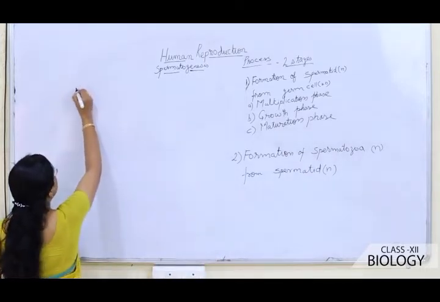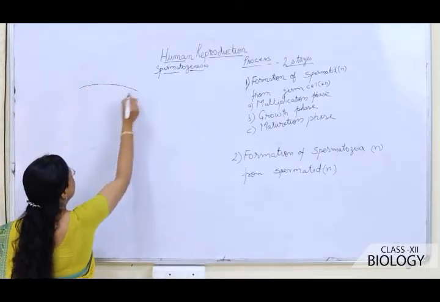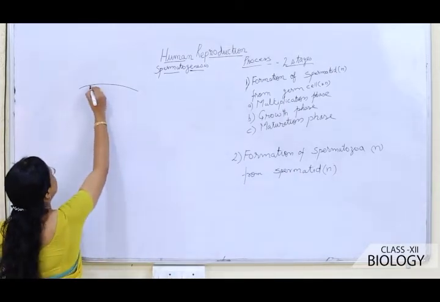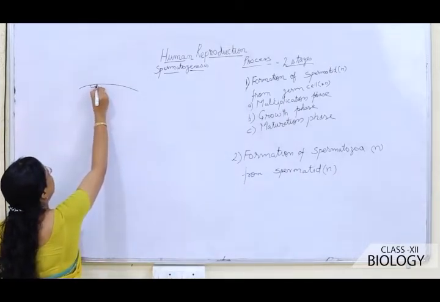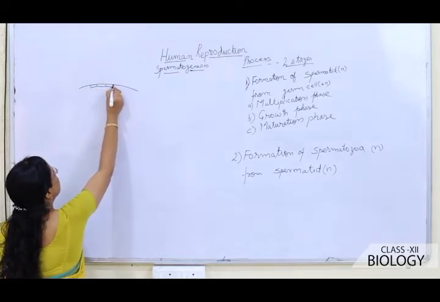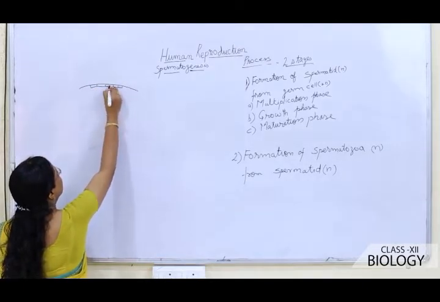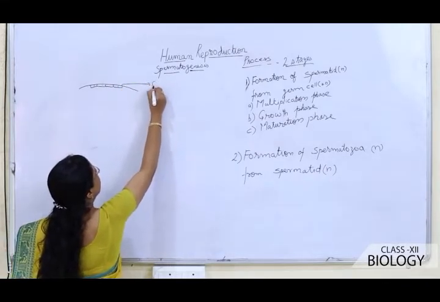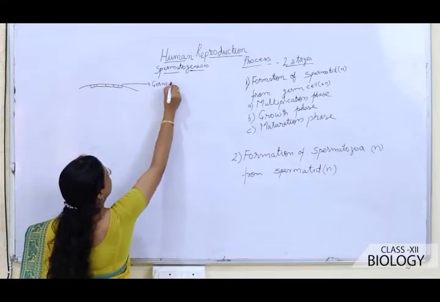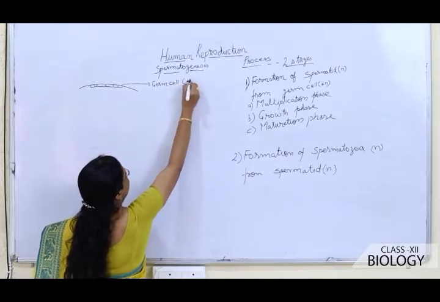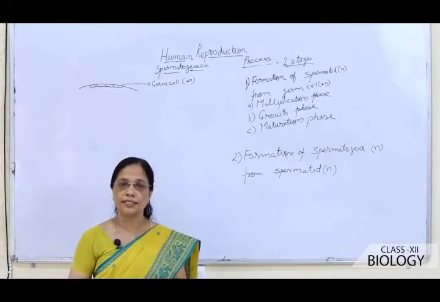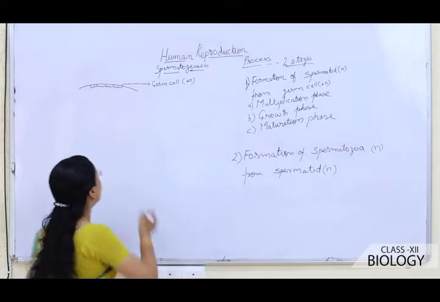Here you have seen that spermatogenesis takes place inside the seminiferous tubule, which has germinal epithelium that develops into germ cells. These are the germ cells, which are diploid. What happens to these germ cells? These germ cells undergo mitosis.